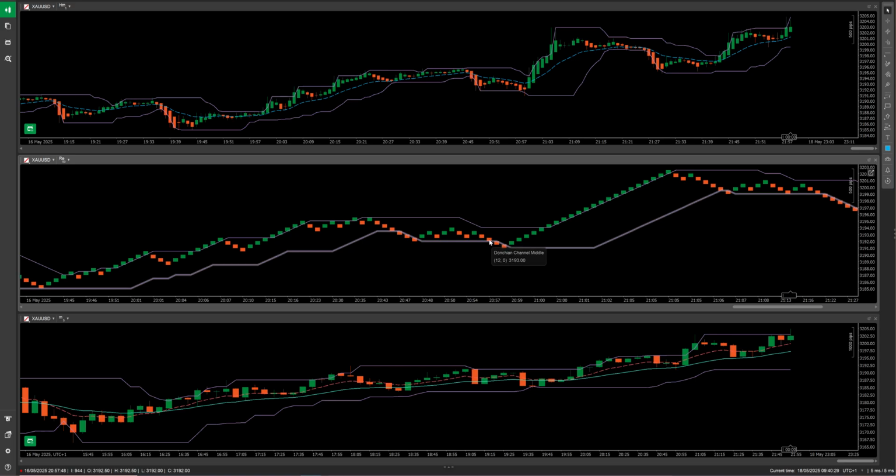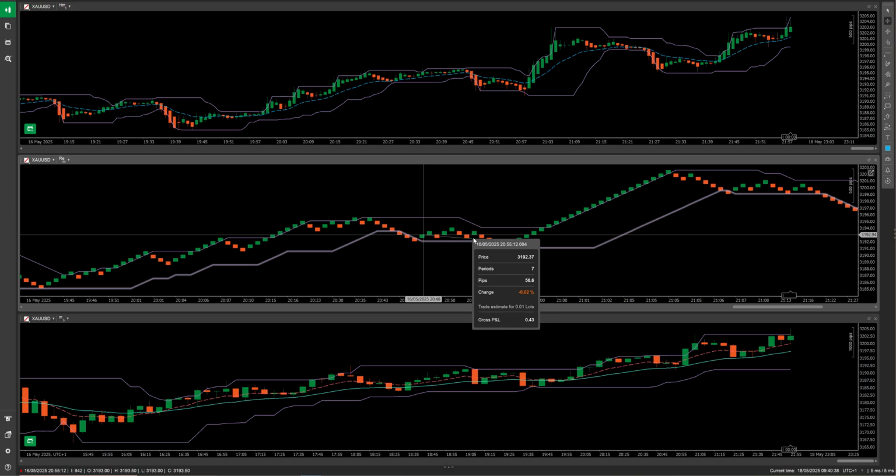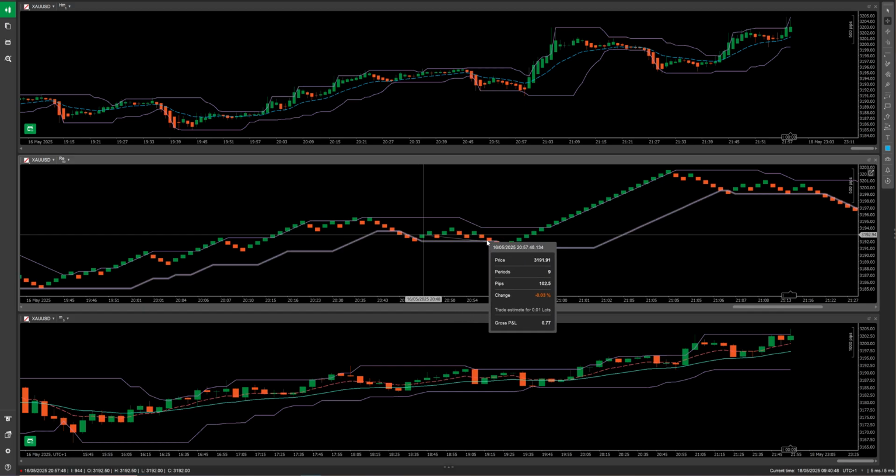Or if you're using a different system, you're looking for three red Renkos, that one there, so you would have lost 150 pips. With a trailing stop loss, I think because it's gone up 100, comes down 100 here, 200 pips, you would have lost 100 pips.